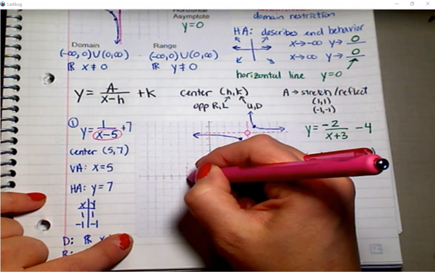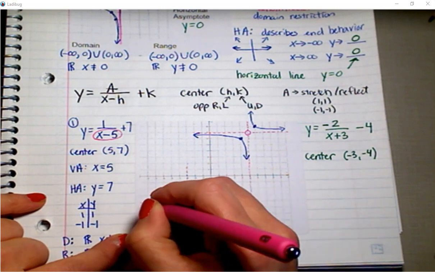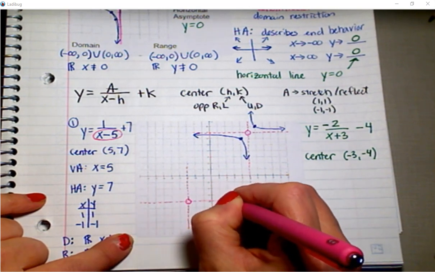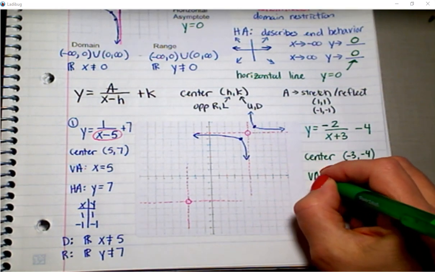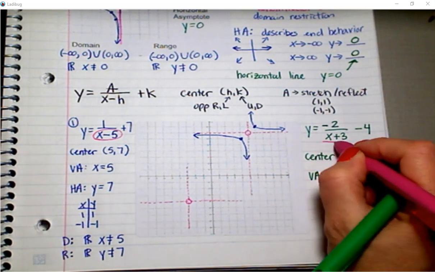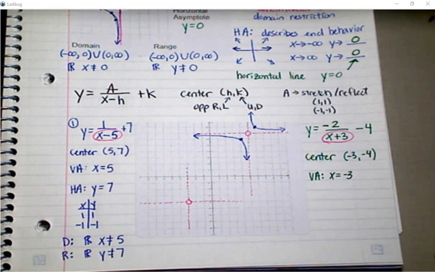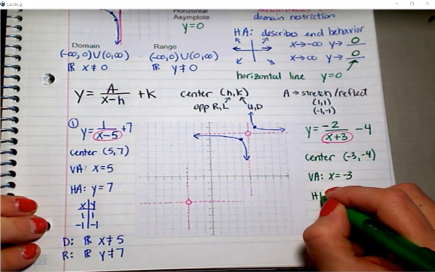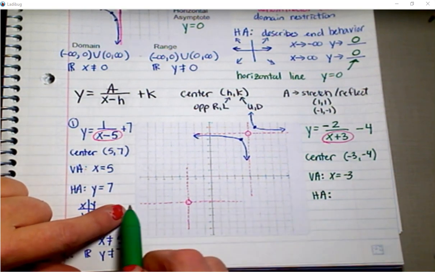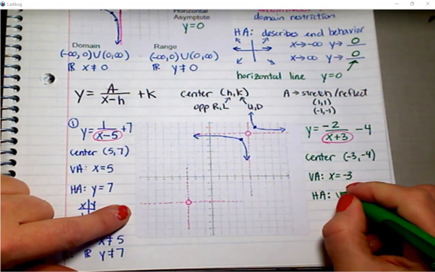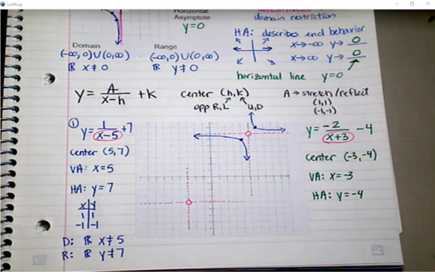The asymptotes go through the center. The vertical asymptote comes from the domain restriction, which is negative 3. The horizontal asymptote is y equals negative 4, which comes from the center of the graph.